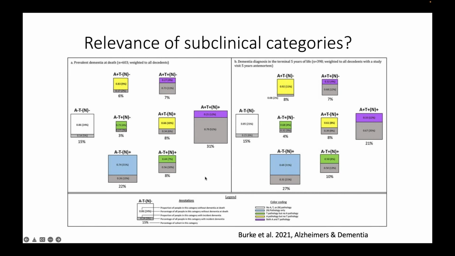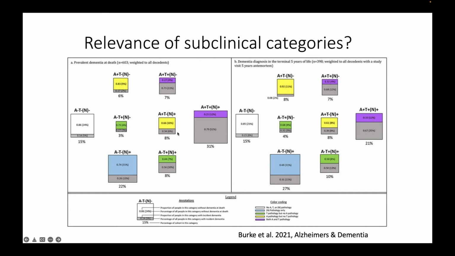To have a look, just an outlook how well this works. This is, I know, a complex figure, but very interesting. Shortly said, this shows for different preclinical classifications what in the end came out, so if these patients had dementia or not. And for example, you can see here for the A plus, T plus, N plus group, it's quite accurate. So most of this group also has, in the dark way, had dementia clinically.